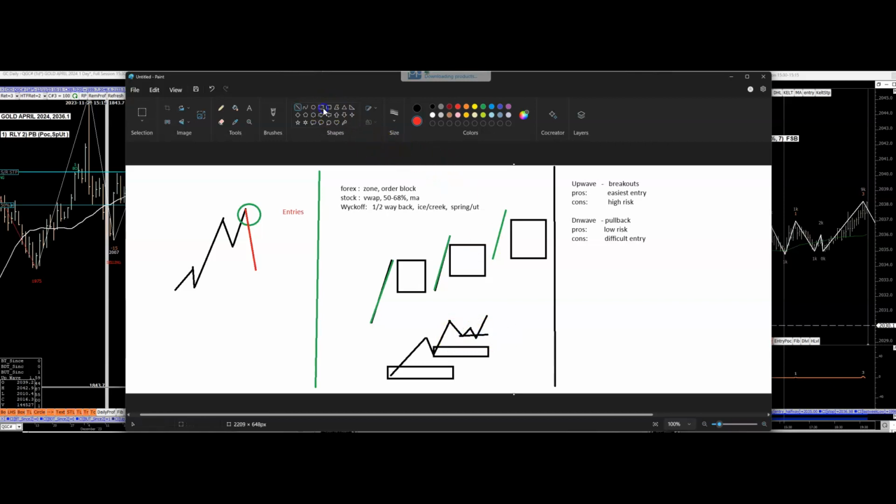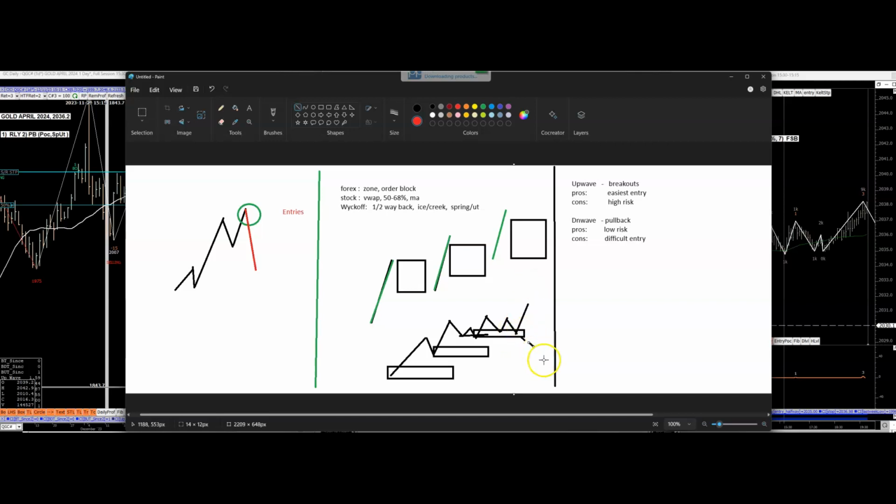So now what do they do? They put the zone over here. And finally, they tap in, and it either works, or it goes deeper back in and then it works, or it stops out.